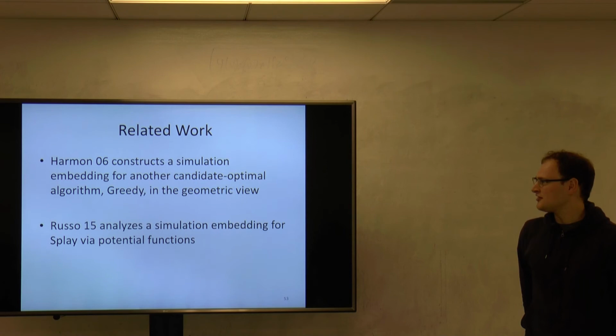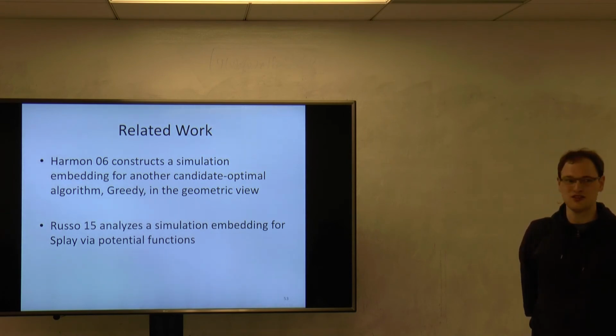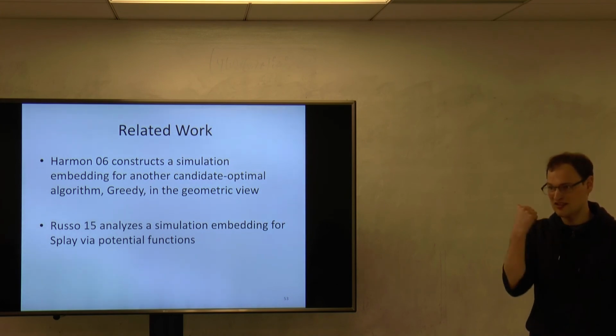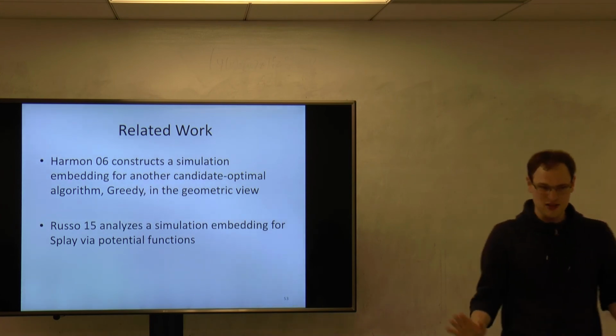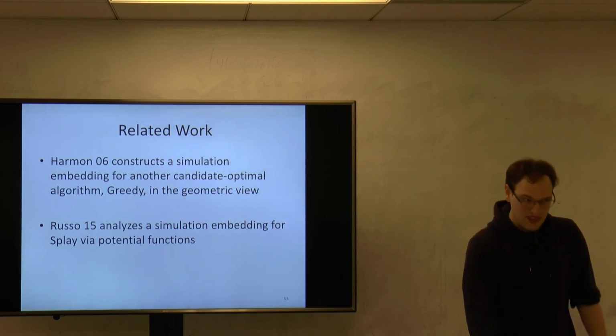Anyway, there's a different simulation embedding for Splay, which uses potential functions, a little more tricky. And there's a simulation embedding type thing for greedy. They don't use that terminology, but that's essentially what it is.